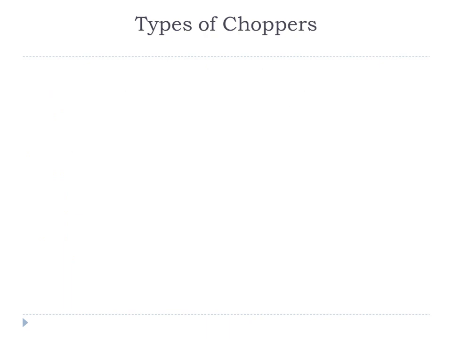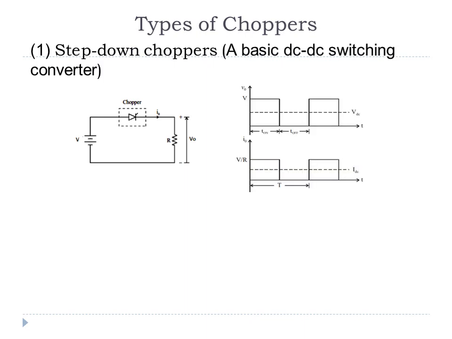We'll start with types of choppers, and first of all we will discuss the conceptual circuit of the step down chopper. The idea behind chopper is that it is basically a switch that connects input to the output at intermittent times. For some time the switch will be on, for some time the switch will be off, as you can see here. So what will be the output voltage?